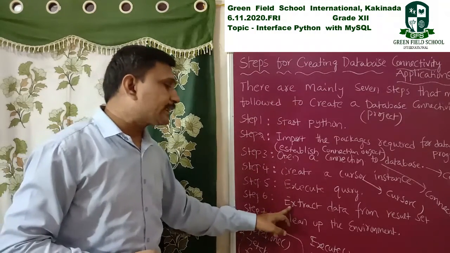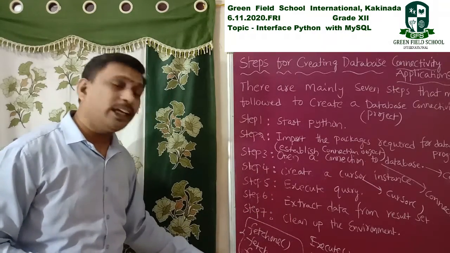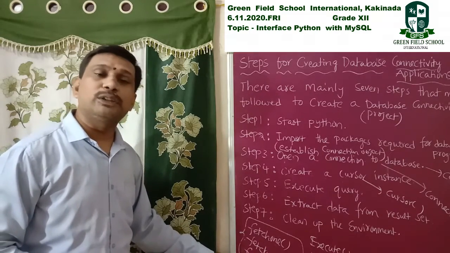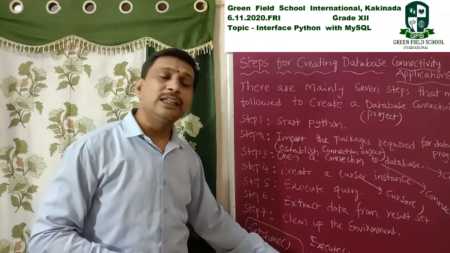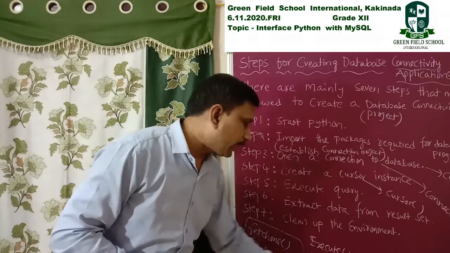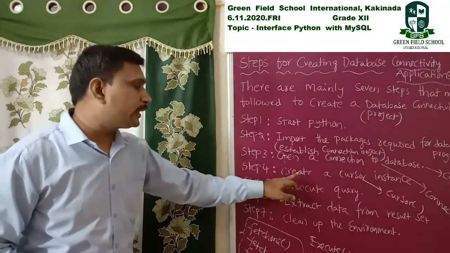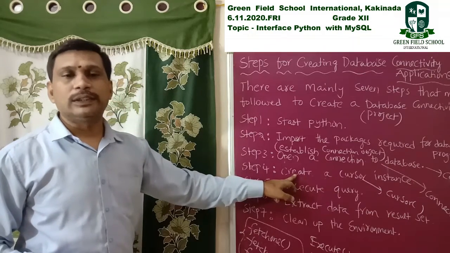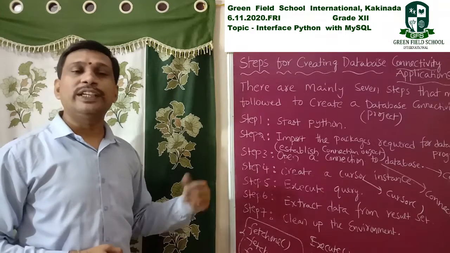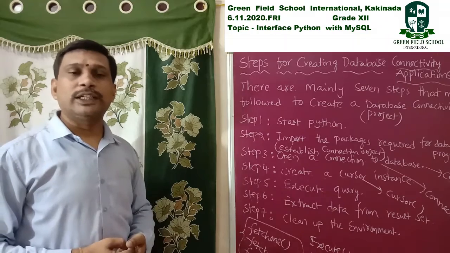Okay, next. Extraction can be done by using these three methods. One is fetchone, second is fetchall, third is fetchmany. And one more thing here, the rowcount property. All these 3 methods and this property are used with the cursor object only. In detail we will explain all these 7 steps, how we write them in our Python project.